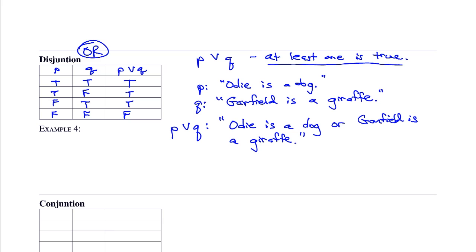All right, Odie is a dog. True or false? True. Garfield is a giraffe. True or false? False. The proposition Odie is a dog or Garfield is a giraffe. That is true, because one of the propositions forming that one was in fact true.